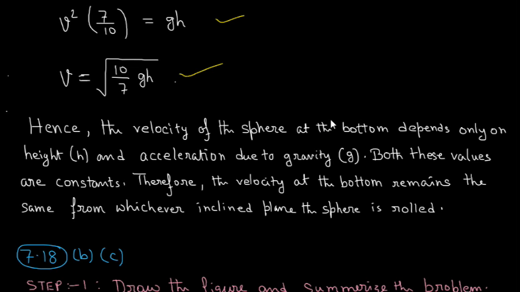Hence, the velocity of the sphere at the bottom depends only on the height and acceleration due to gravity g. Both these values are constant. Therefore, the velocity at the bottom remains the same from whichever angle of inclined plane the sphere is rolled. So velocity remains same. Now B and C part.